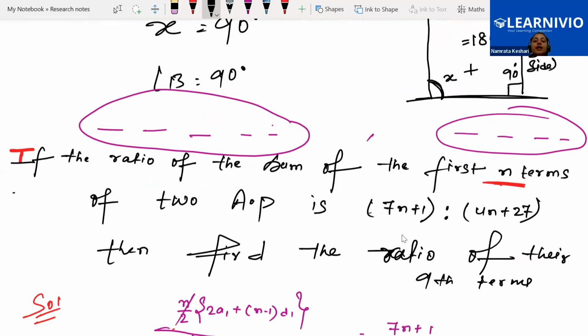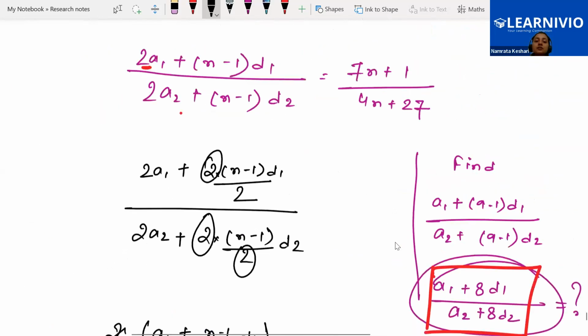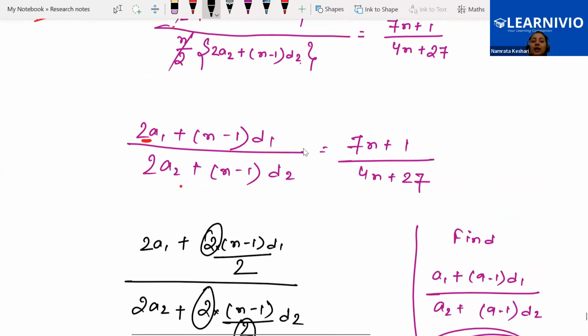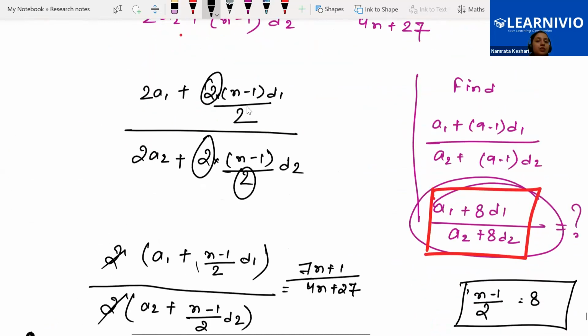Why directly n value we are not putting? Because this is the sum of n terms of an AP, 2a1 plus (n minus 1) into d1. Here directly n value we will not put. We will keep our focus on wanting to create a1 plus 8d1 by a2 plus 8d2, that ratio between the ninth term. To get that, this type of LHS we need, and hence we will be making it by putting the n value accordingly.